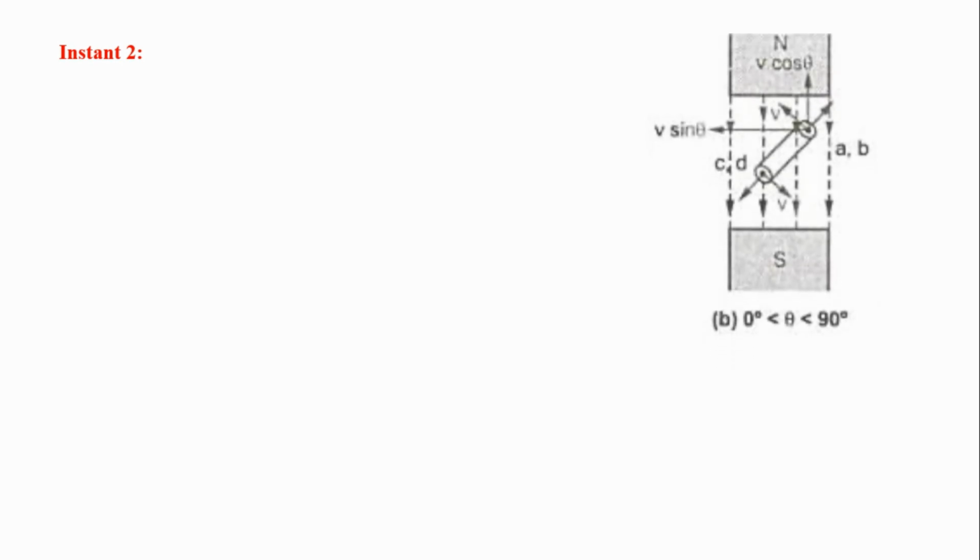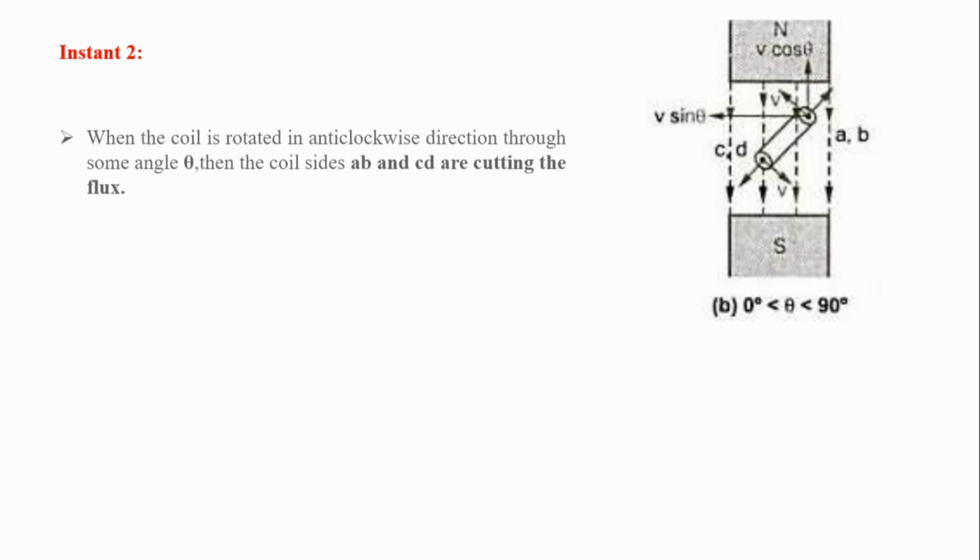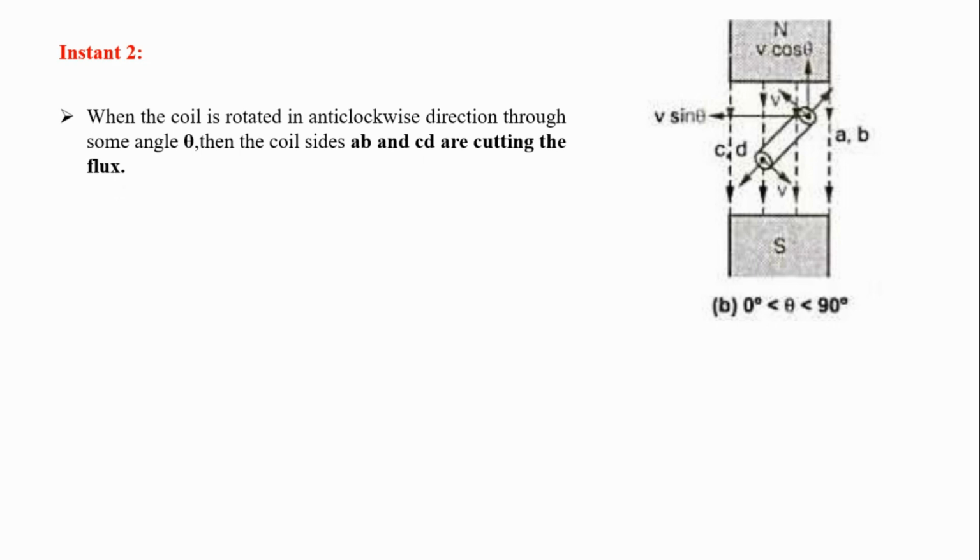Again, the coil is rotating in anti-clockwise direction. When the coil is rotated in anti-clockwise direction through some angle theta, the coil sides AB and CD are cutting the flux.